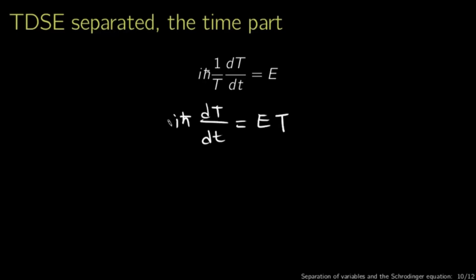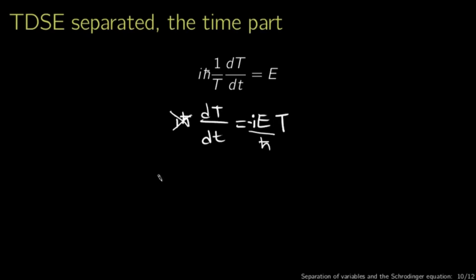Let me move this i h bar to the other side. So we would have divided by i h bar. And 1 divided by i is minus i. So I'm going to erase this from here and say minus i in the numerator. So first derivative with respect to time of our function gives us our function back with this out front.